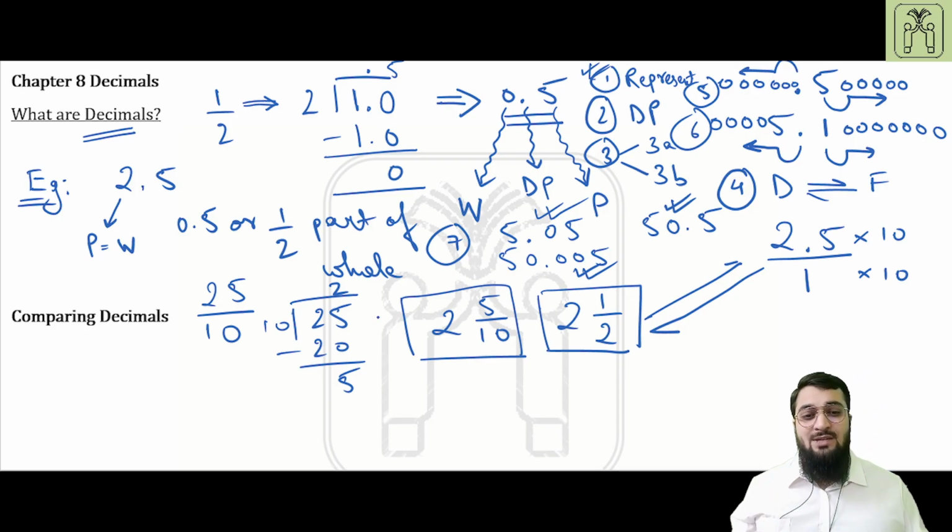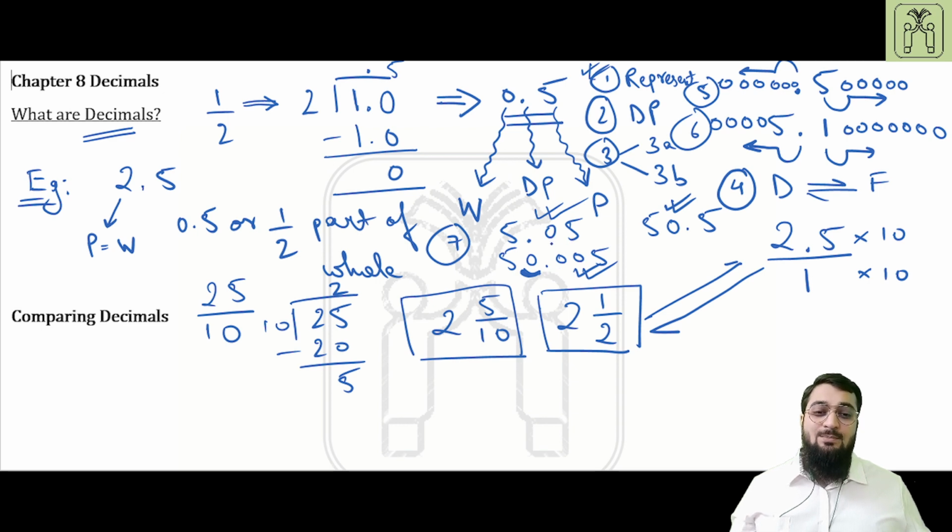So with this seventh point, you can understand that if the number of zeros between the non-zero number and the decimal point on the left side of the decimal point is more, then the greater the value of the decimal will be. That is, you can see that 5.05 is less than 50.05. Therefore, zeros on the left side of the decimal point between a non-zero number and the decimal point increase its value.